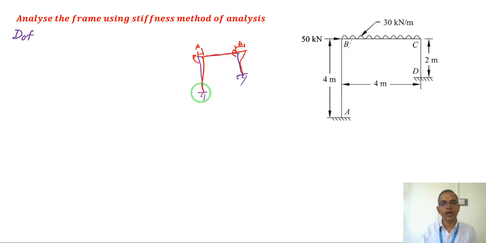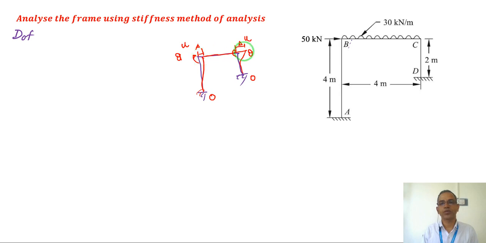At joint A, no rotation, no translation, so 0 degrees of freedom. Here one rotation theta and one translation in the x direction, u. Here again one u and one theta. Here 0. So there will be 2 and 2.